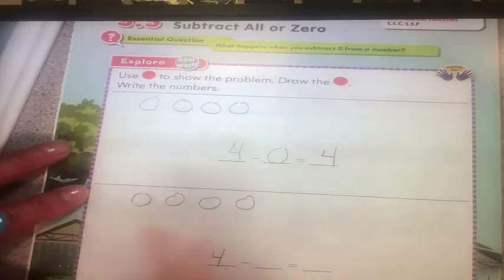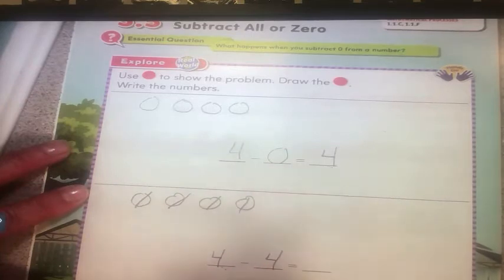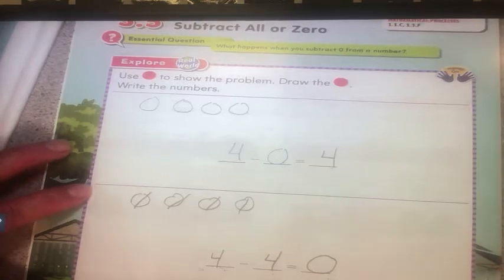And how many are taken off? 4. 1, 2, 3, 4. Minus 4 is what? How many do you have left? 0. So our conclusion there, if you have a number and you subtract the same amount, you're left with 0. That's right, 0.